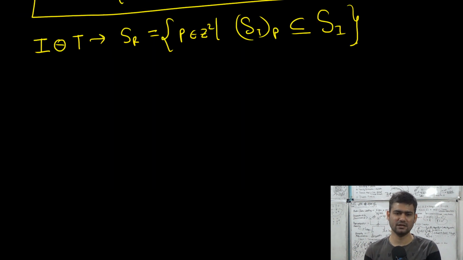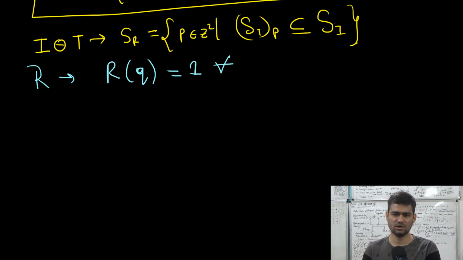And now to obtain the resultant image, we just set R of Q equal to 1 for all Q in set SR.